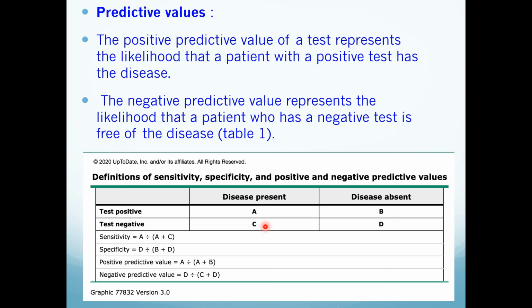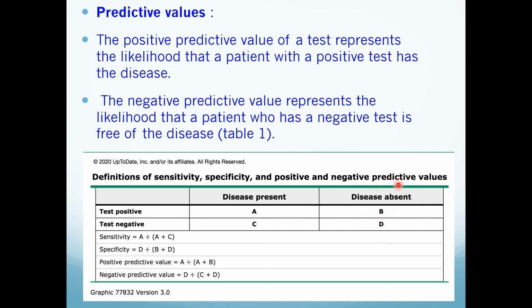So how can I differentiate between specificity and sensitivity? Specificity is how specific the test is for a specific disease. That means D, which is test negative and disease absent, divided by B plus D. So how many of the patients without the disease tested negative?